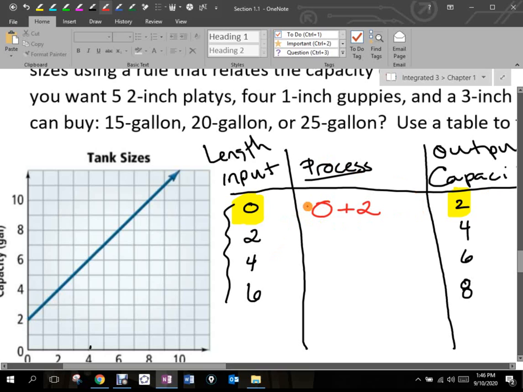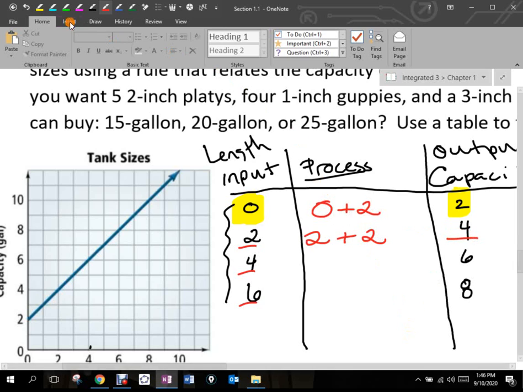Now let's just make sure, does that rule continue to apply to all of these other options? If I start with that 2 and add 2 to it again, do I get that 4? Do I get the same thing if I start with this 4, add to it again this 2, does it give me 6?